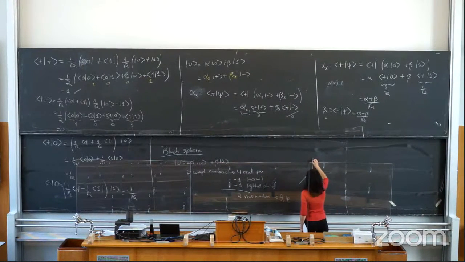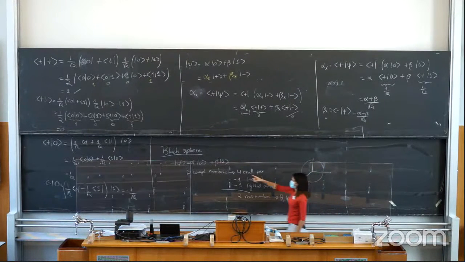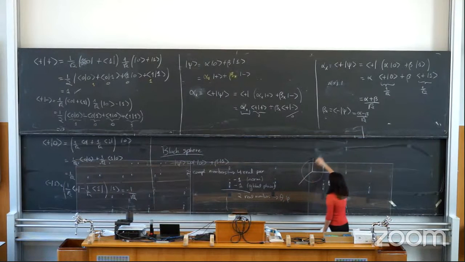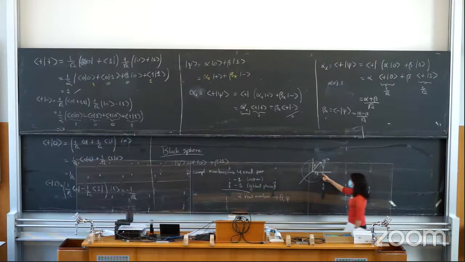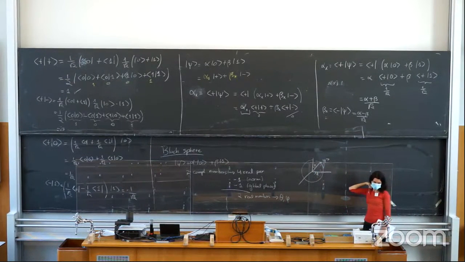We can find a mapping from these coefficients alpha and beta to points on a sphere where, if this here is my state psi, then there'll be this angle here and this angle that it makes with the x. You'll do all this in the tutorial.